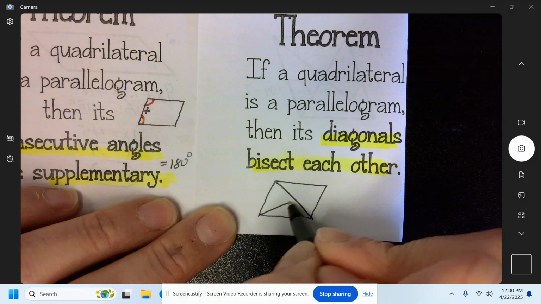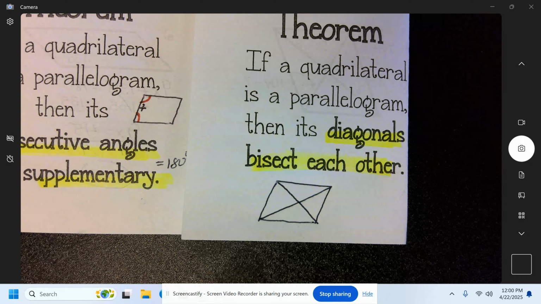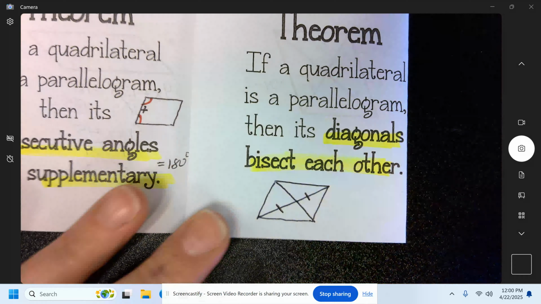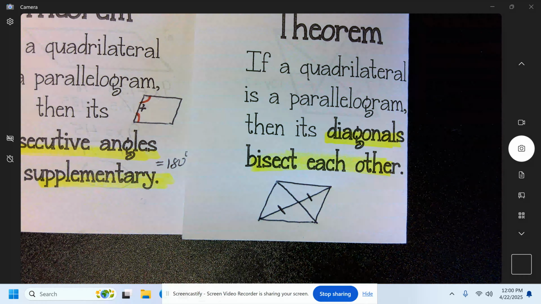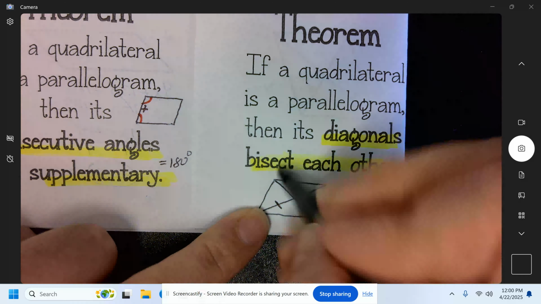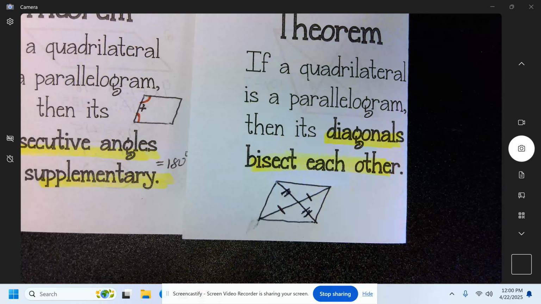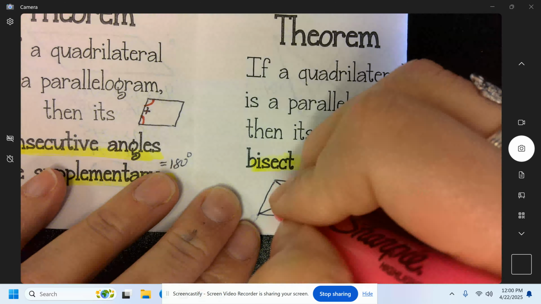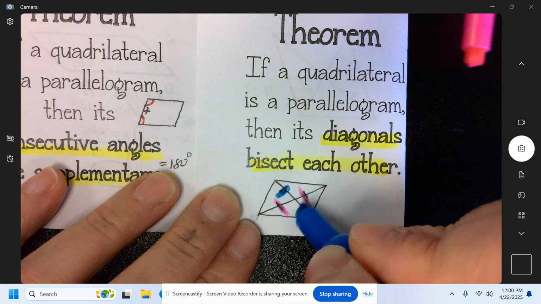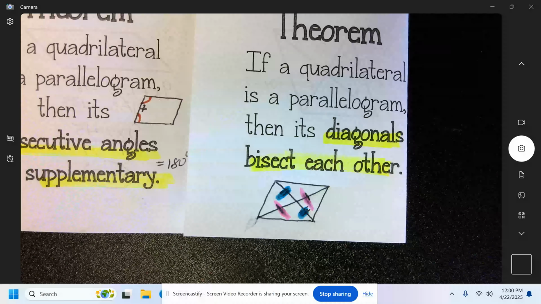So one corner to the other, those are our diagonals. And what this is telling me is that this and this are congruent because they bisect each other, so they create two congruent segments here. And they also create two congruent segments here. So these two sides are congruent to each other, and these two sides are congruent to each other. Okay? That's what this theorem tells us.